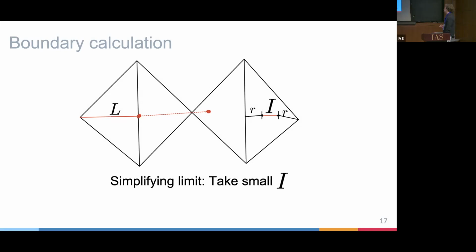But in this paper, we took a simplifying limit, which was that we can take this region here, I, very small. When I is 0, we just have L, and its modular operator, or its density matrix, is just the normal time evolution operator. So this is, in some sense, close to an easy to understand density matrix in this small I limit.